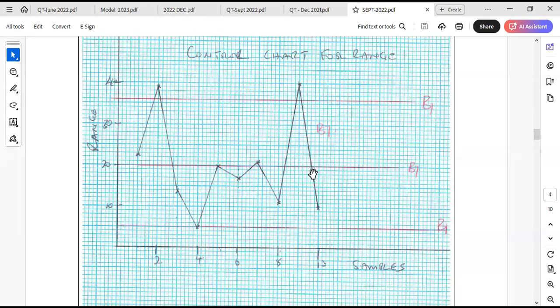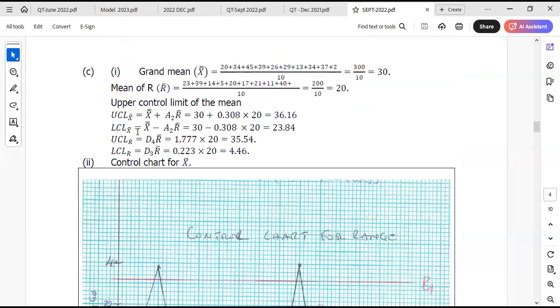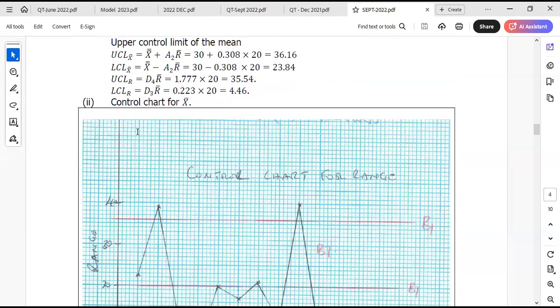After that, you indicate your upper limit, the average, and the lower limit. These are the lines you see here. This is the upper limit. Our upper limit was what? It was 35.5.